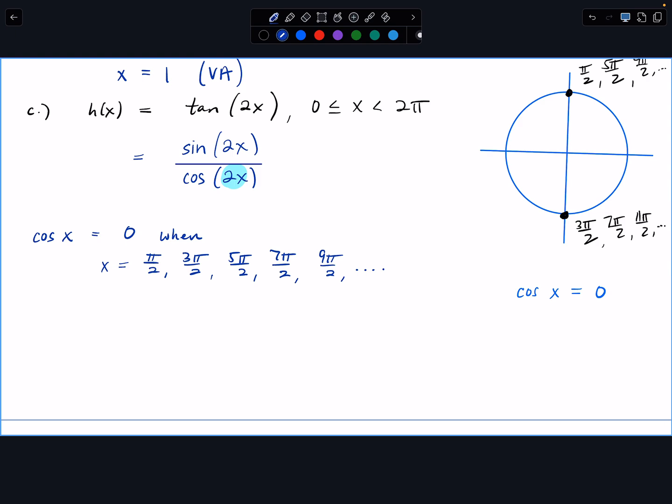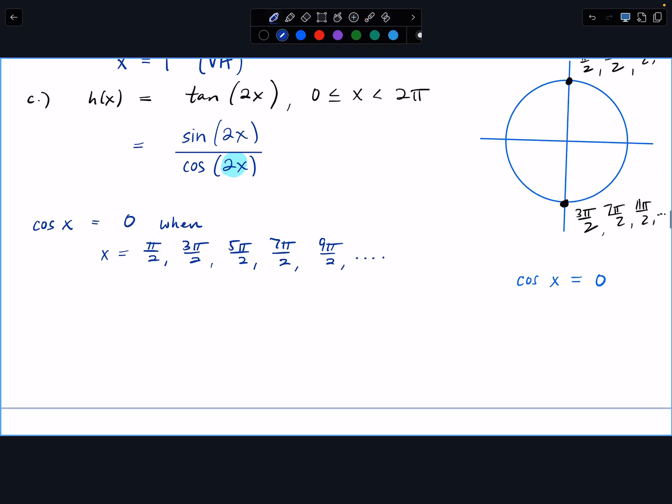But they gave us this restriction, right? So what we need to do is, remember, we're also not solving for x, we're solving for 2x. So if these are the answers for x, I need to substitute 2x into here and figure out when does 2x equal this? When does 2x equal this? When does 2x equal that? Does that make sense? And the answers have to be less than 2 pi. So once I've surpassed 2 pi, I can stop.